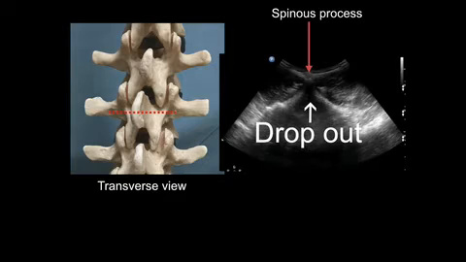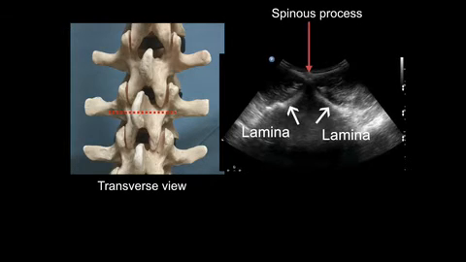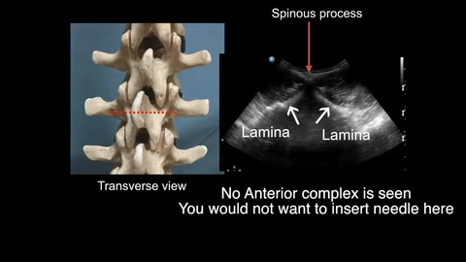Note that the dotted red line now indicates that the ultrasound beam is trying to penetrate at the level of the spinous process. This generates this distinctive image on the right, where you can see the spinous process as a hyperechoic structure, the two lamina, and the dropout shadow. No anterior complex can be seen.